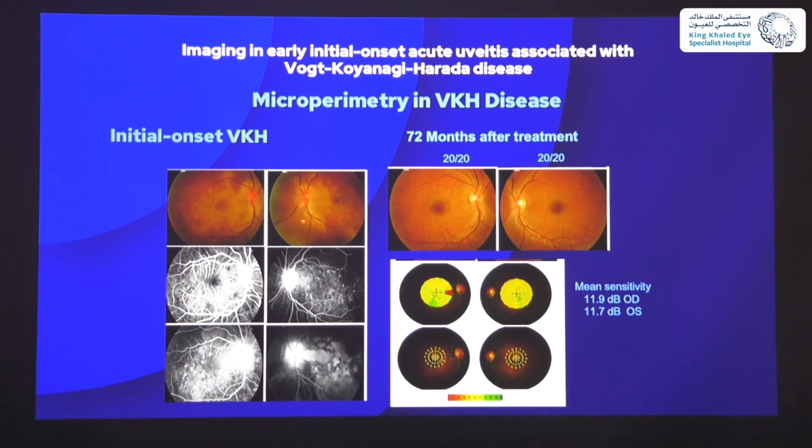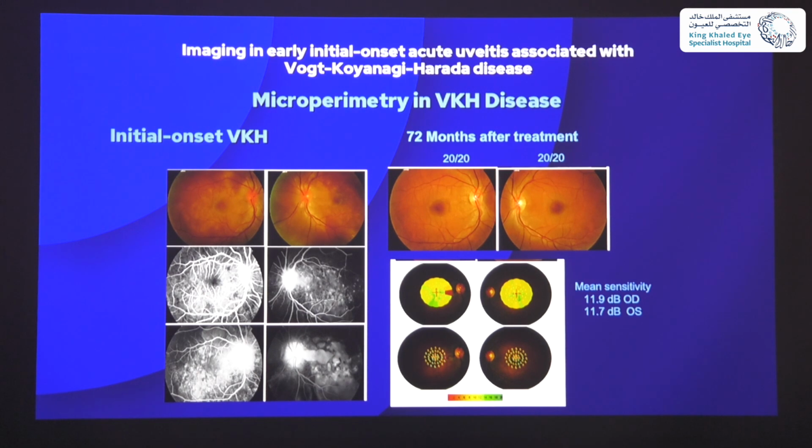This is an example of a patient that presented early in the initial phase of the disease and was treated without sunset glow fundus, and here is the macroperimetry. This color code will tell you that red is 0 decibel, and the best sensitivity is green. So this patient ended with about 12 decibel in both eyes.